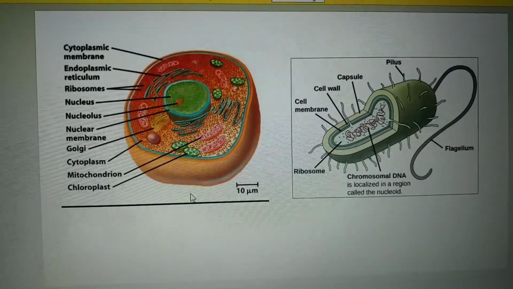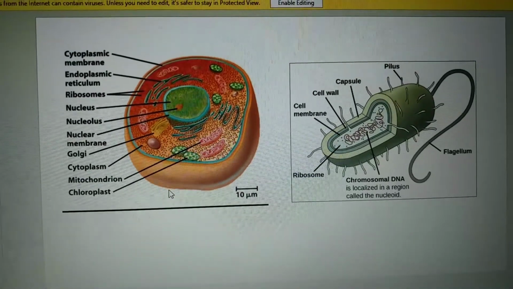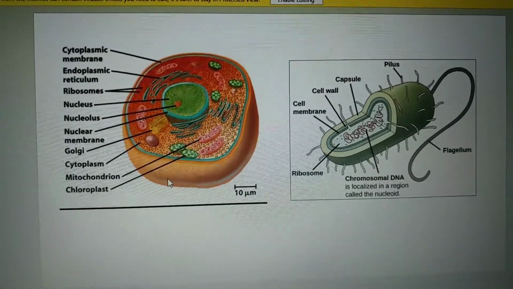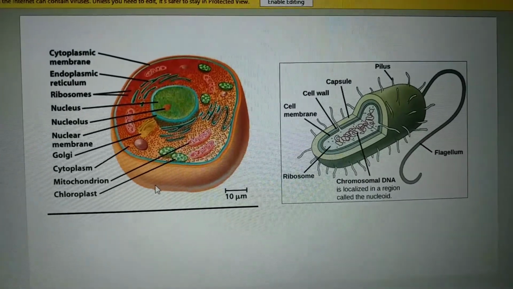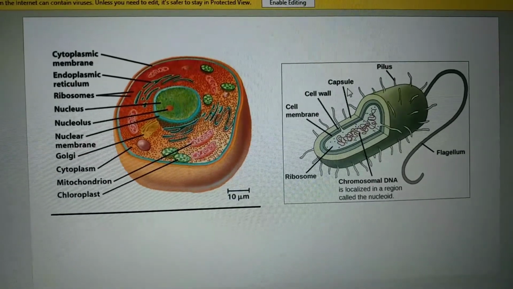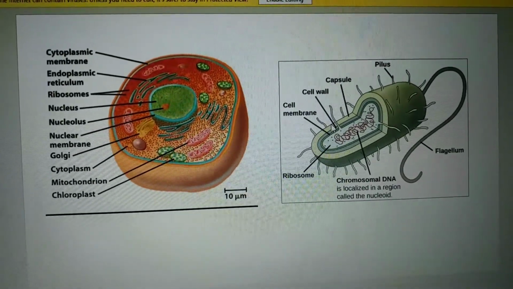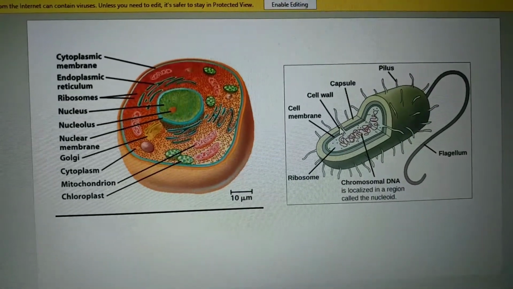In the eukaryotics, the cell wall is found only in plant cells and fungi, and it is chemically simpler. While here in the prokaryotics, its cell wall is usually chemically complex.